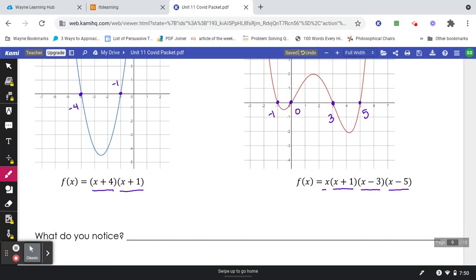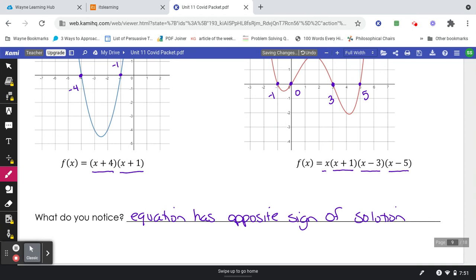So hopefully you notice that each of the equation is made up of the opposite sign of the solution. So the -4 comes down here and becomes x plus 4.